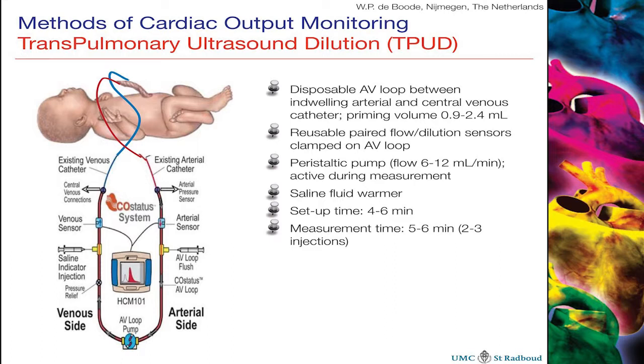And to be honest, the first time I heard of this method, I thought the one that presented it to me was crazy. Who is going to connect an arterial line with a venous line and have blood flow through that extracorporeal circuit? But when he told me that it was possible to measure cardiac output without any adverse effects in rats, in rabbits, I got interested and I tested it in the animal lab.